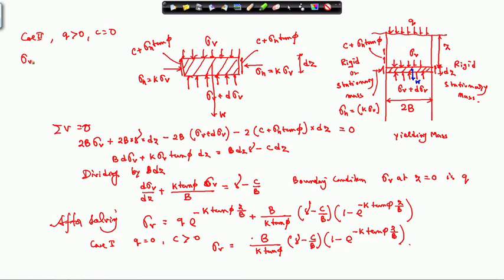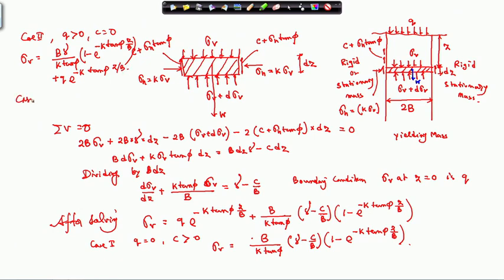In that case sigma v is B gamma, and the C part is 0, so this will be B gamma divided by k tan phi, times (1 minus e to the power minus k tan phi z by B), plus q e to the power minus k tan phi z by B.